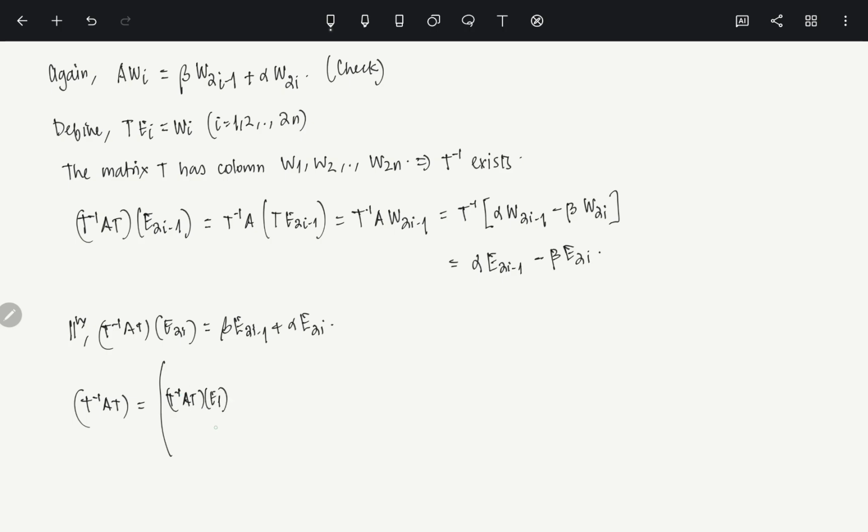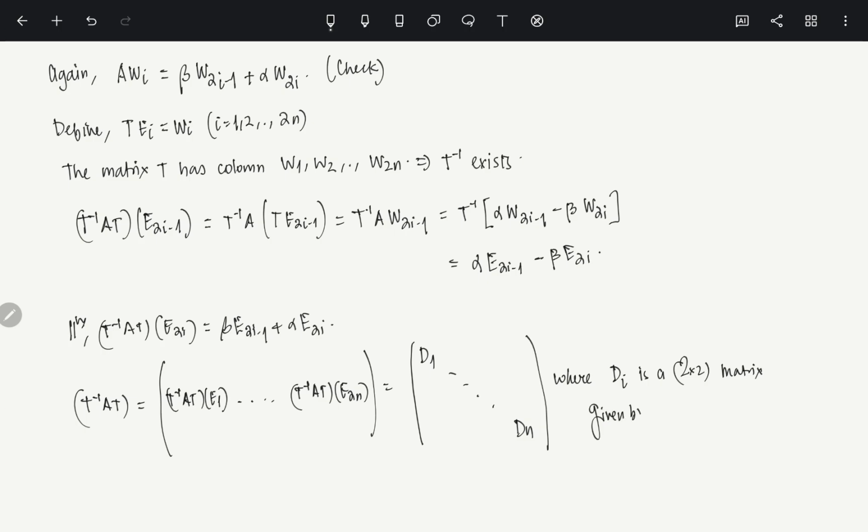Acting at E1, and it will go on like this, up to E2n. So this matrix is block diagonal with blocks D1 through Dn, where Di is a 2 by 2 matrix given by alpha_i, minus beta_i in the first column, and beta_i, alpha_i in the second.